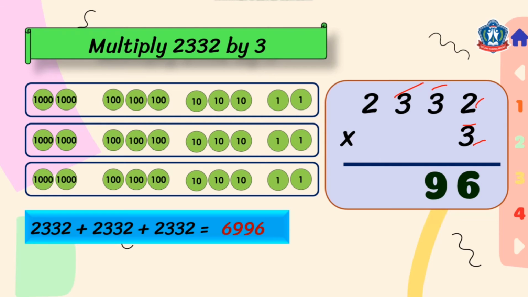Next, 300 times 3, it will give us, yes, 900. And 2,000 times 3 is 6,000. So our answer is 6,996. So multiplication, children, is actually a repeated addition. That's why we add this number 3 times.